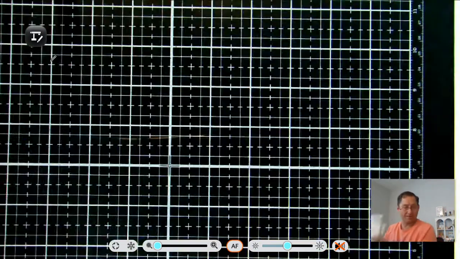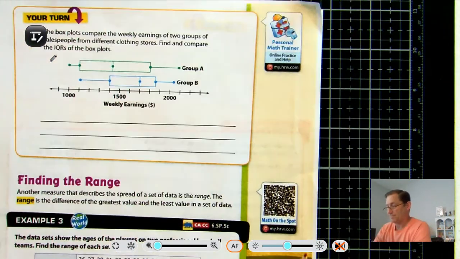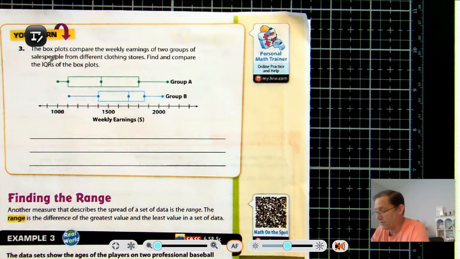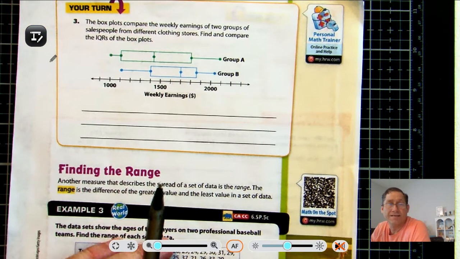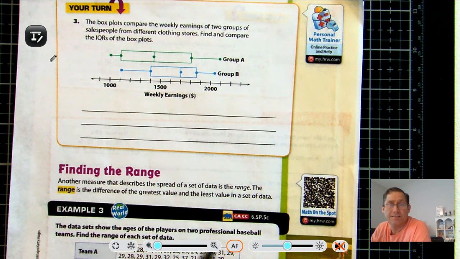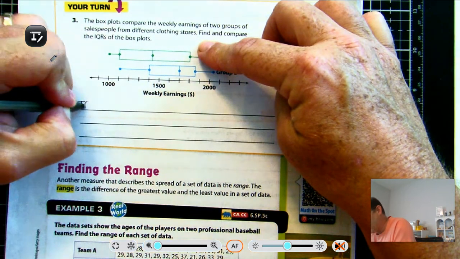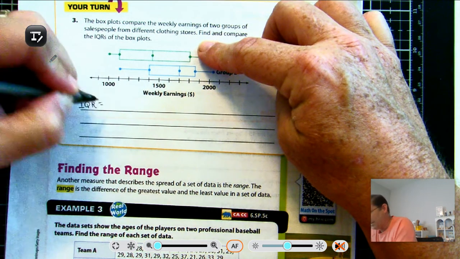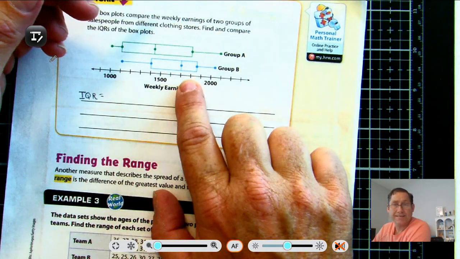All right, so let's practice ourselves. Number 3. So the box plots compare the weekly earnings of two groups of salespeople from different clothing stores. Find and compare the IQRs of the box plots. Okay, so the IQR of A is 1500, 16, 17, 18, 19.